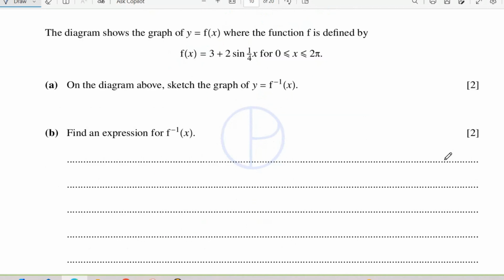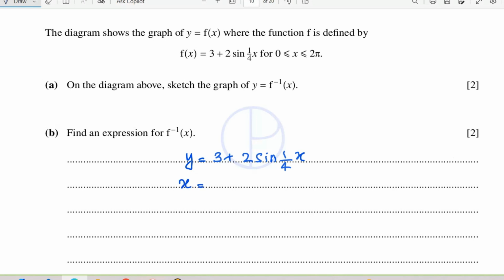Part of the question is find an expression for f inverse of x. To find f inverse of x, write the given function as y is equal to 3 plus 2 sine 1 over 4 x. Now exchange the x and y variable.